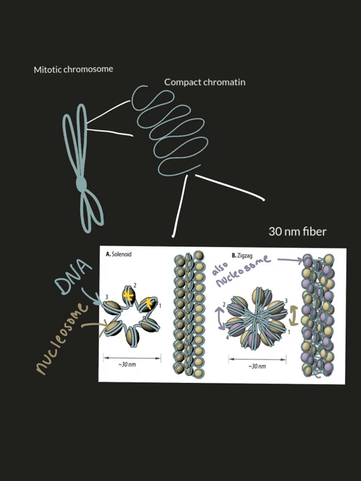Now, if I starred that same sequence of DNA that's associated with nucleosome 1 over here in the zigzag formation, and then I star that same DNA sequence that's associated with nucleosome 2 in the zigzag formation, you'll see that what was physically close in the solenoid formation, those DNA sequences between nucleosome 1 and nucleosome 2, are now farther away. So how DNA is packaged can affect how physically close in 3D space DNA sequences are to one another.